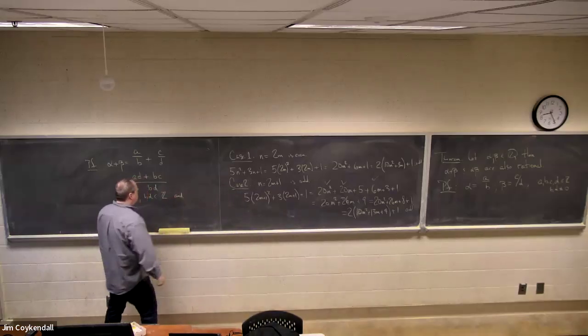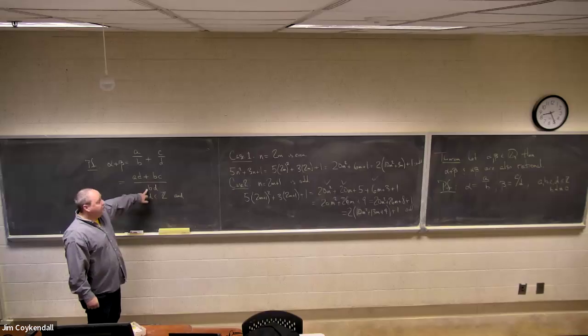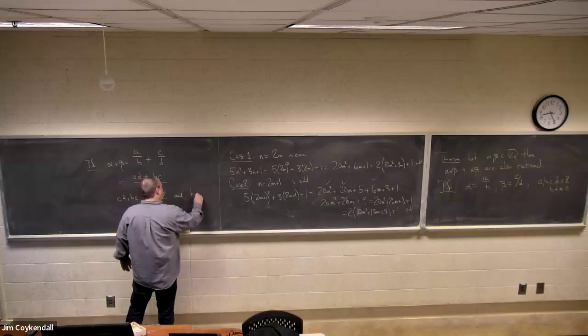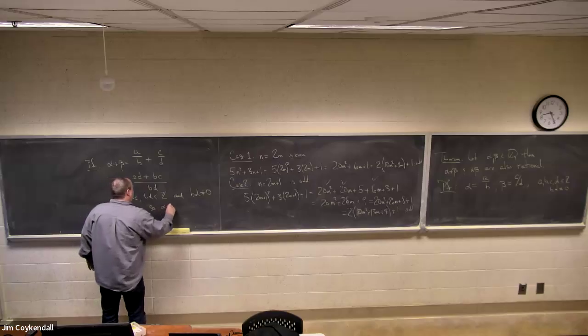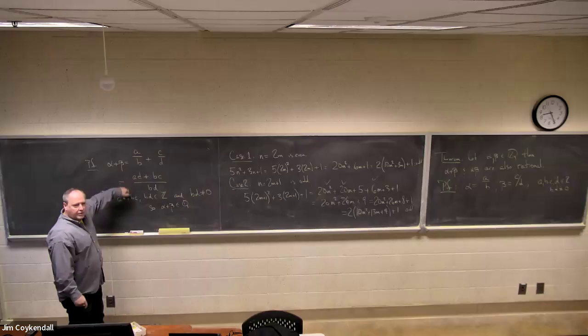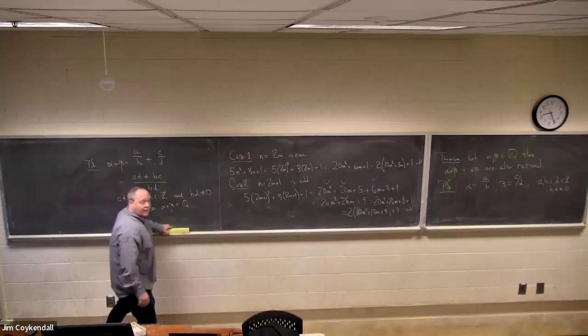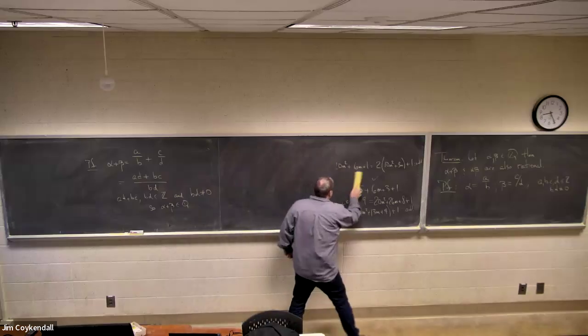And if I'm going to be really careful, what do I need to say about this? Good. This is not zero because B is not zero, D is not zero, so their product is not zero. So alpha plus beta is a rational number because there it is, a quotient of two integers and the bottom one's not zero.